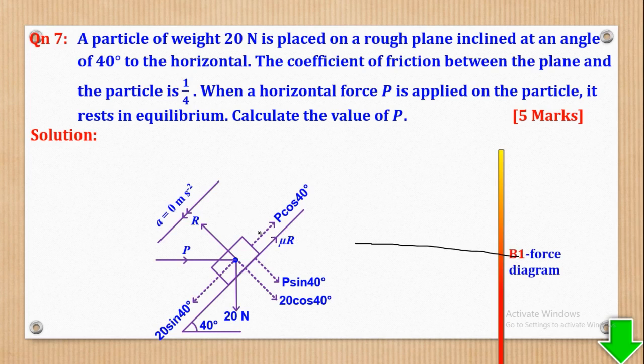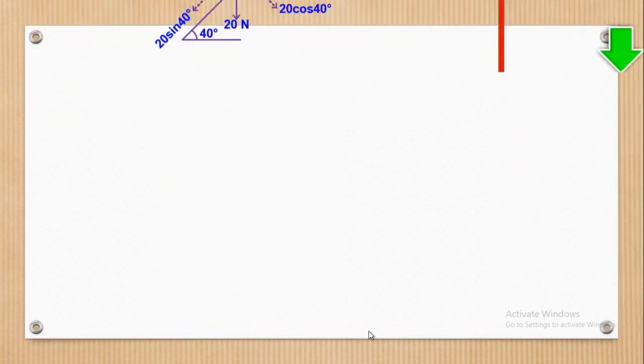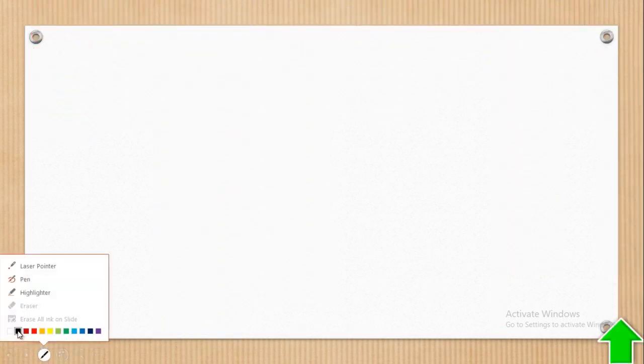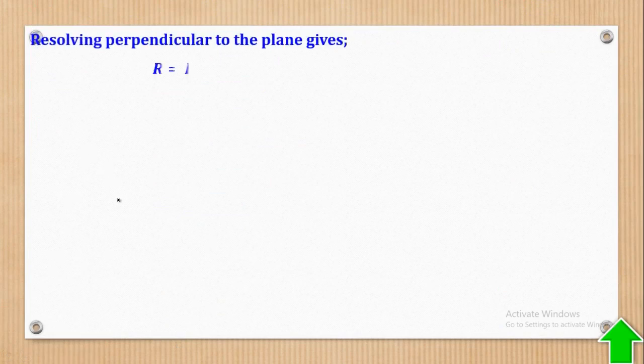Now next is to resolve parallel to the plane and perpendicular to the plane. So perpendicular to the plane, we shall get R being equal to these two, and parallel to the plane, we shall get these two forces being equal to this. So let's do that. Resolving perpendicular to the plane, we shall get R equal to that.